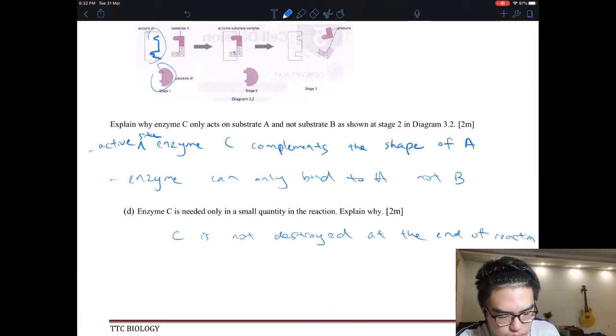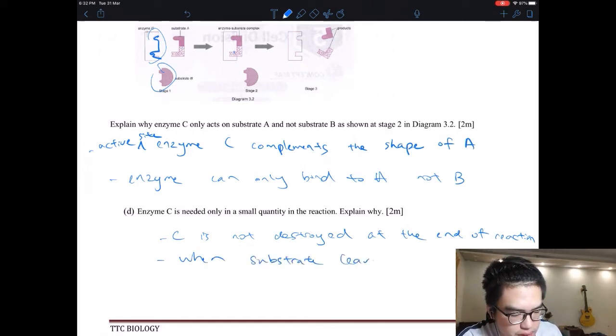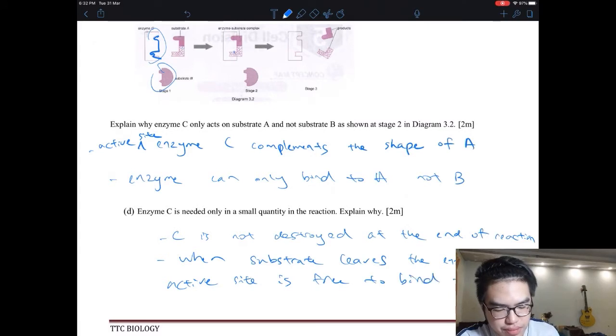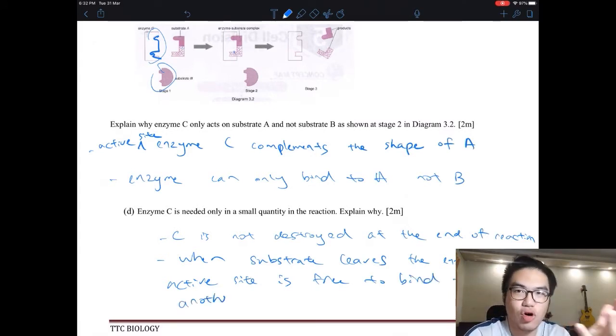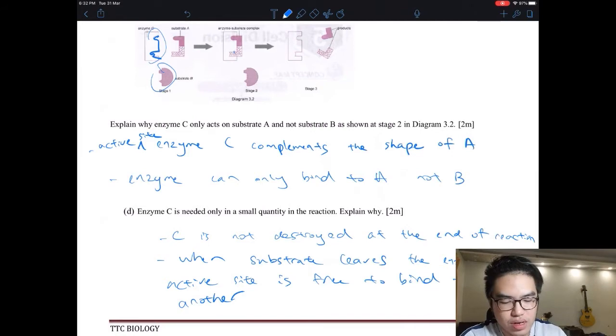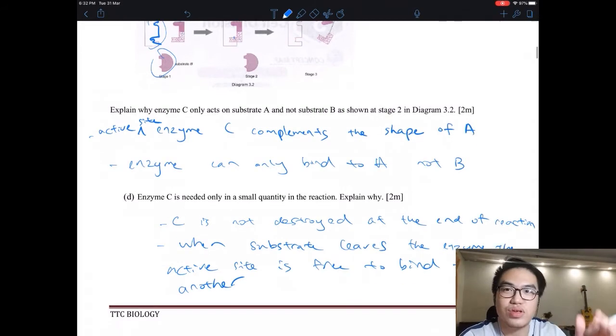So when the substrate leaves the enzyme, the active site is free to bind to another. This is like the toilet concept I told you about. Once the thing is out, you can bind to another one.